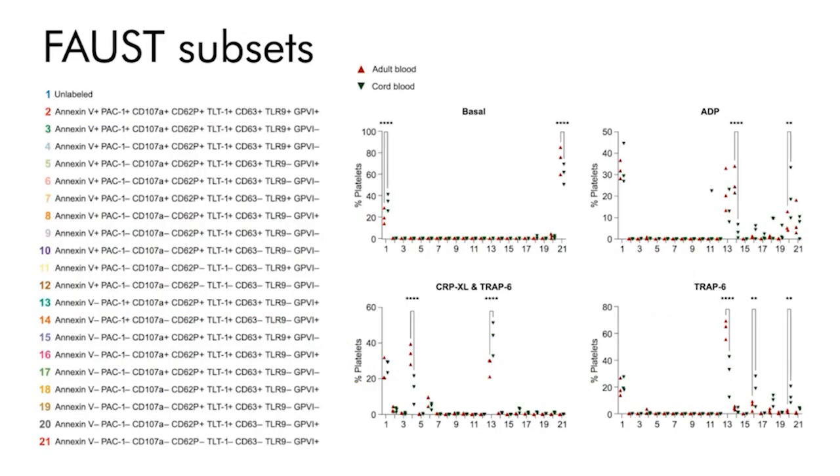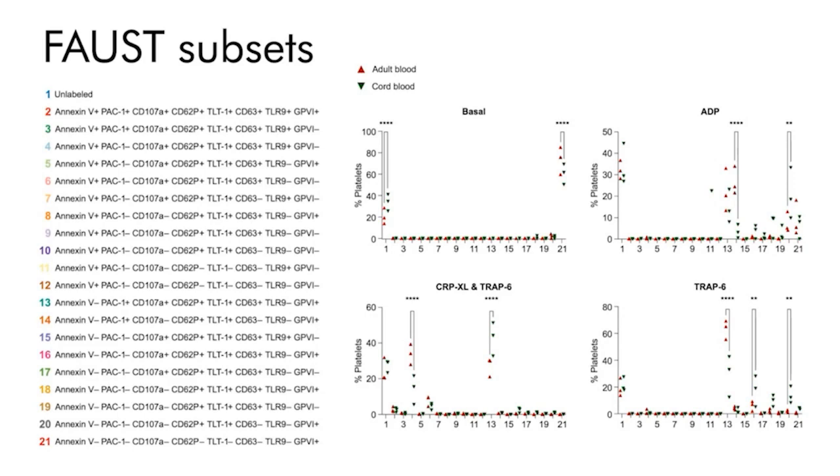So FAUST identified 21 subsets. The first subset, unlabeled, is a collection of residual platelets whose phenotypes did not occur frequently or consistently across all sample types and conditions.